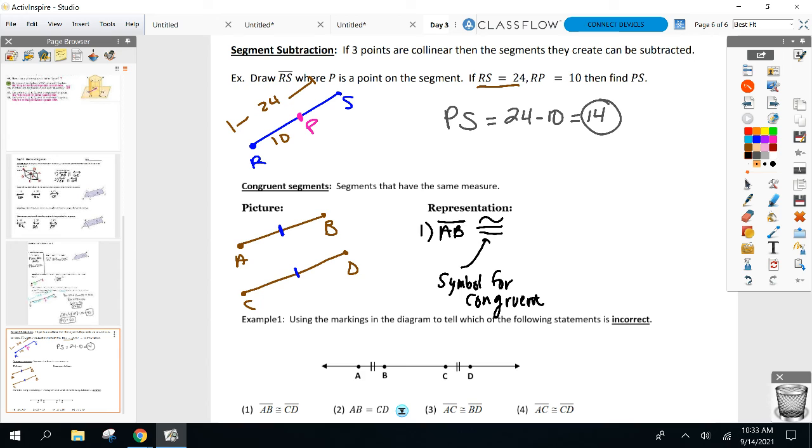And then that is congruent to line segment CD. That's how I would write that. AB and CD are congruent. They have the hash marks on it. That tells me they're the same length.